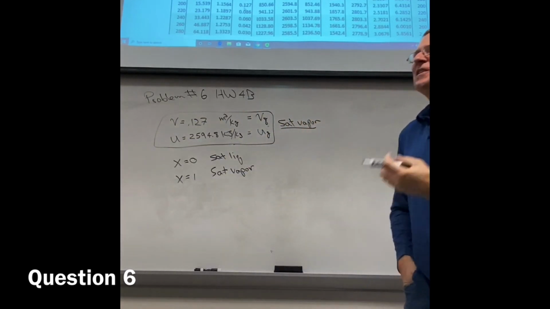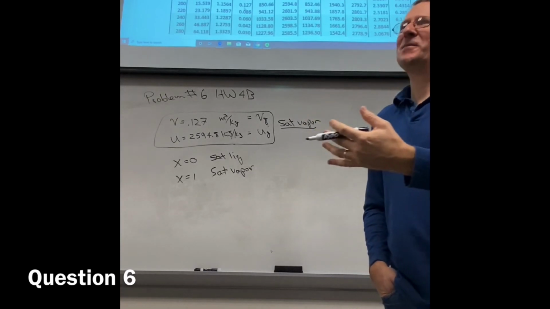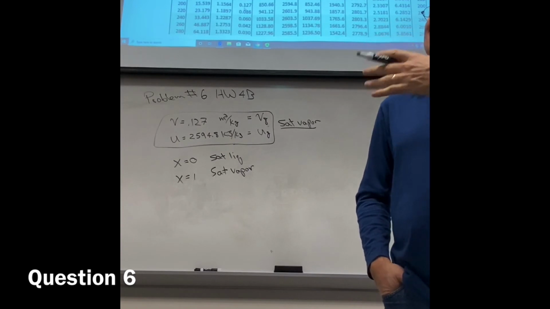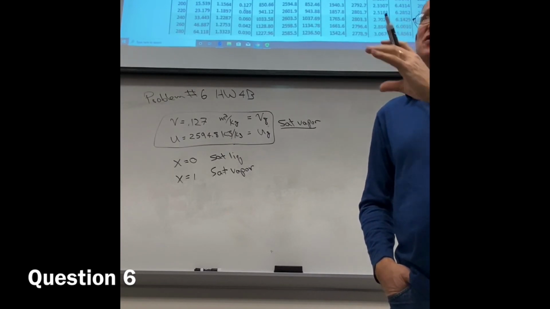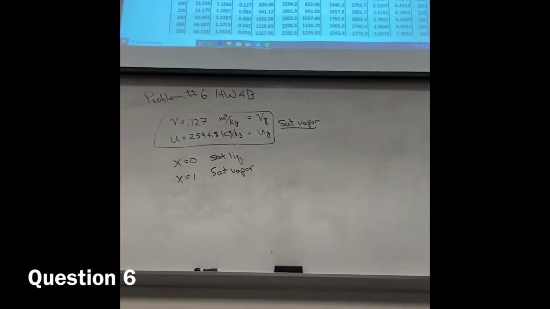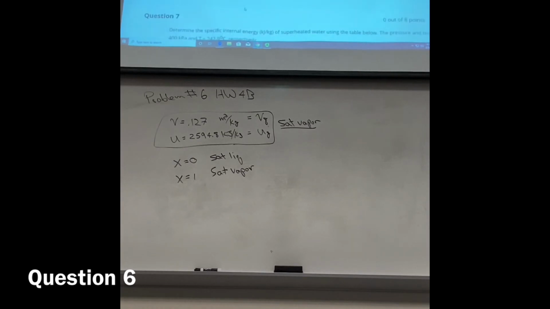Well, you can usually tell by going to the superheat tables and interpolating there and finding out that it doesn't match the superheat values. But anyway, we might have one of those. We'll look at it if we get one. If we don't, I wouldn't worry about it too much. But we can come back to it later.